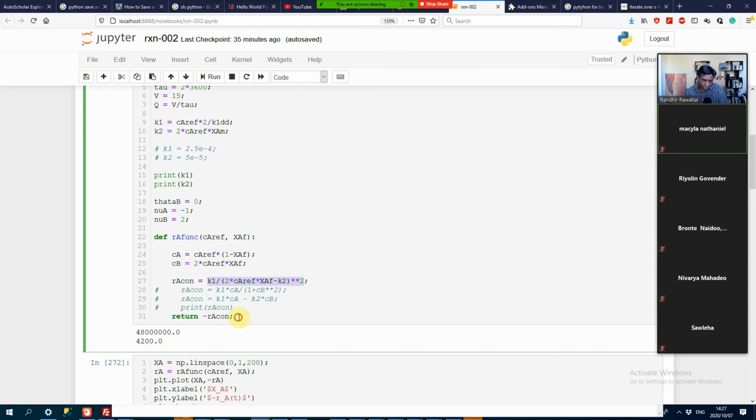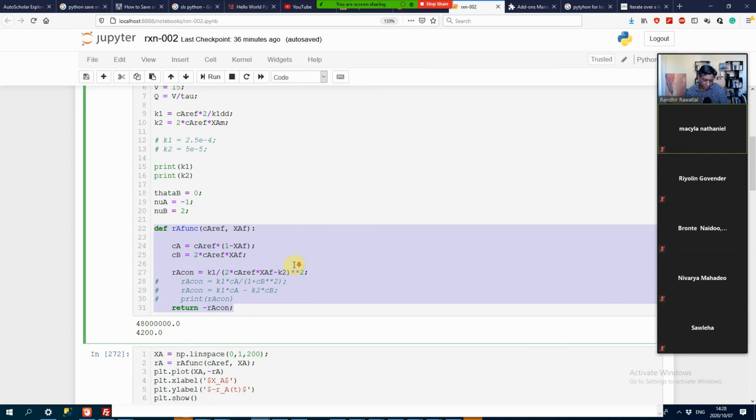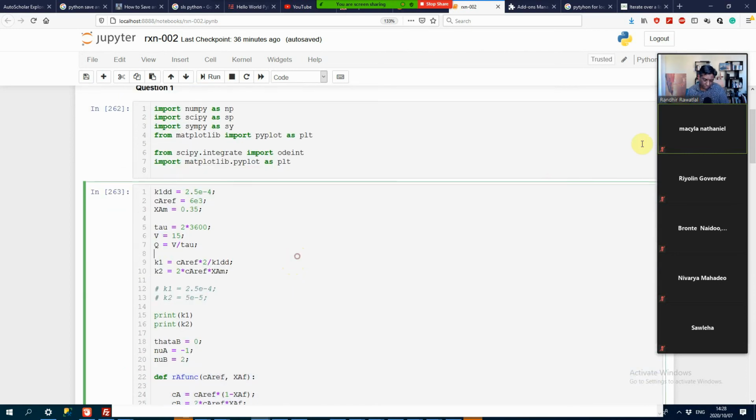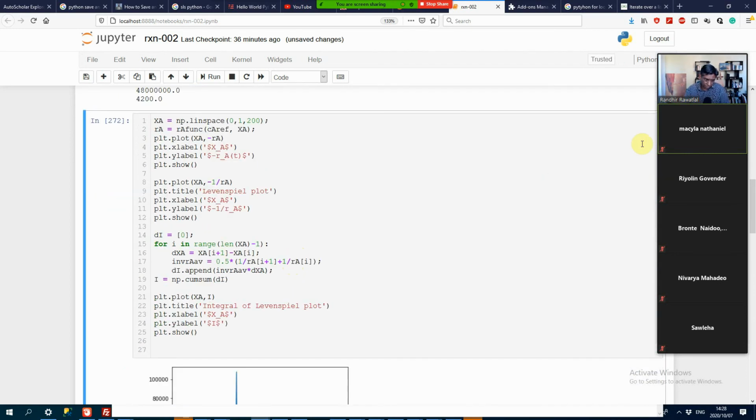So this function is going to give us the reaction rate if we supply the reference concentration and the current conversion. Okay, and we can just run that, and here all I'm doing is plotting the Levenspiel plot. Well, that's not all I'm doing, but we'll come to that. So here we are just plotting the reaction rate itself.